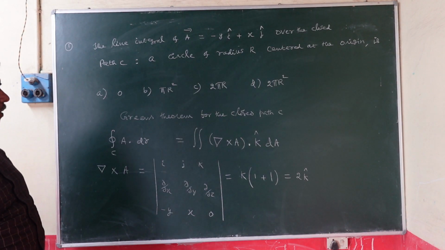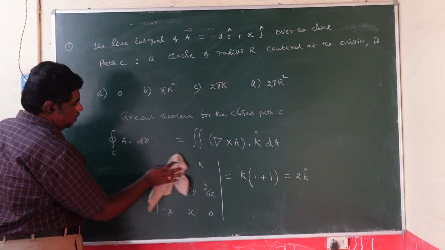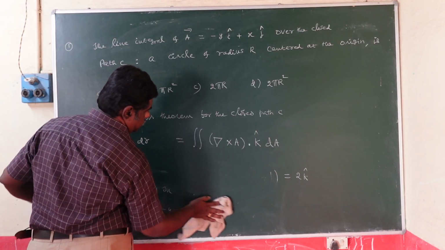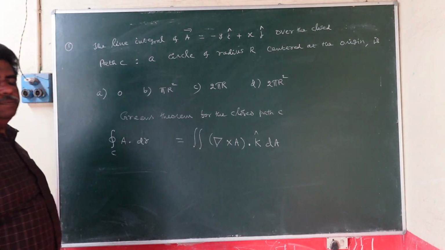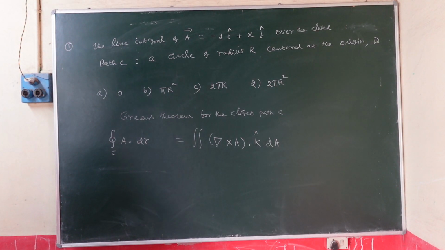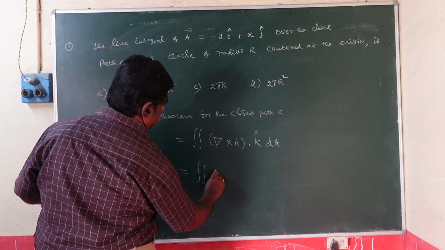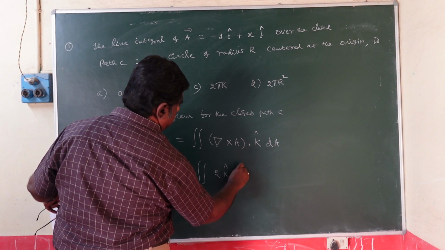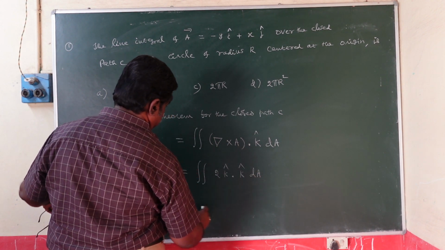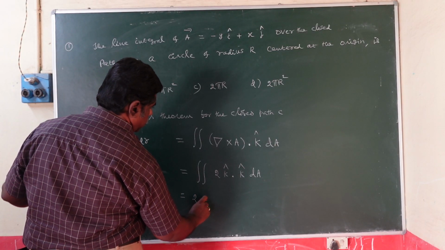Now we may apply this value in our integral. Instead of curl A, we have to apply 2k. 2k dot k into dA, k dot k is 1, so 2.